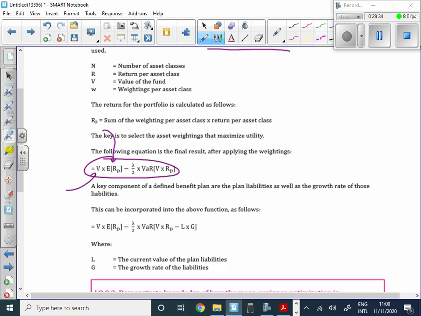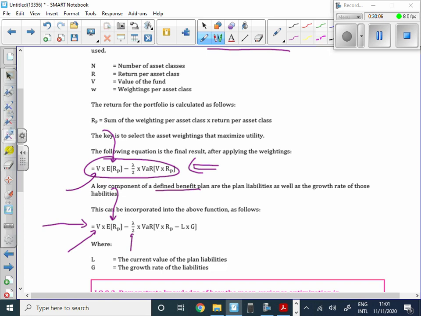Here, if I now decide to work with a defined benefit plan as the learning objective has told me to, I need to grow my liabilities as well. So this particular formula is really just on the asset side. I haven't yet grown the liabilities. Let's grow those liabilities a little bit and let's see how the formula changes. It is the value of my fund, V, times the return I can expect on that fund, nothing's changed, minus lambda over 2, nothing's changed, times VAR, nothing's changed.